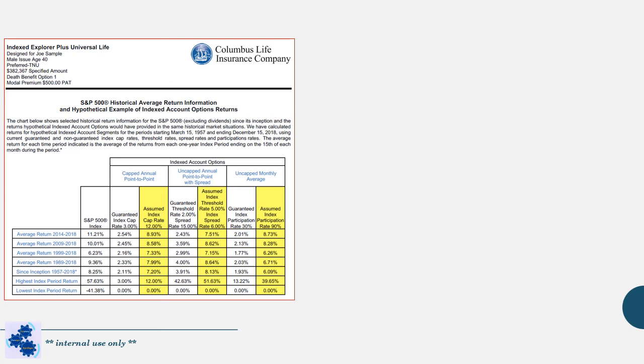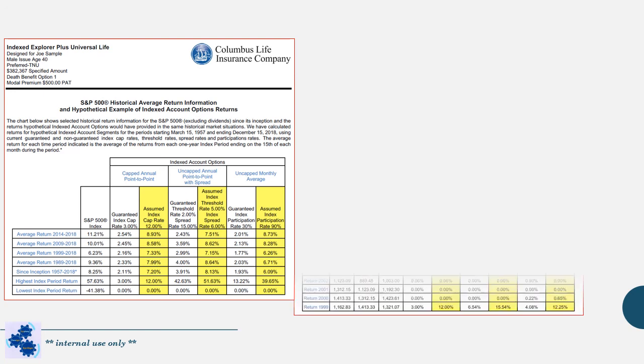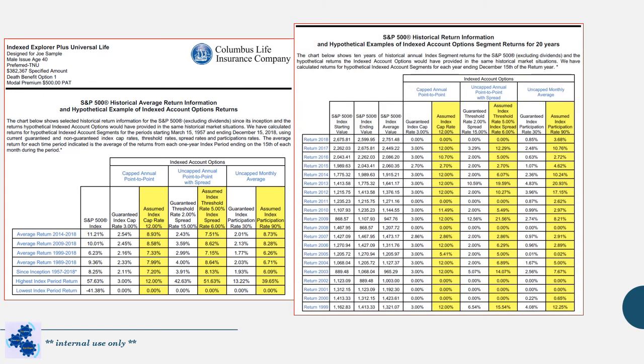The highest rate of return you got is 51.63%. The lowest rate of return you'll get is 0. So no matter what happens to the market, the client will not have investment loss. And this is on an annual basis.